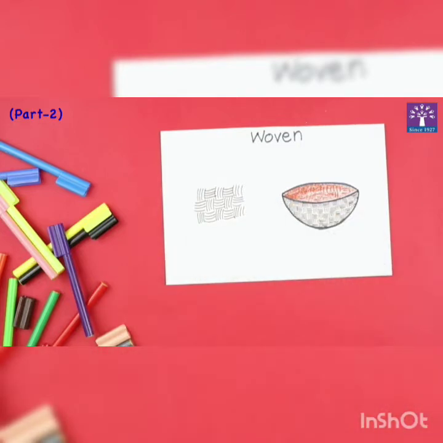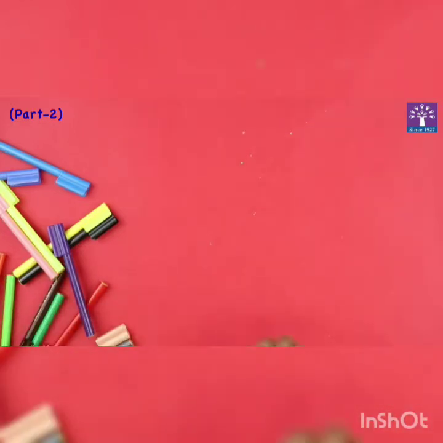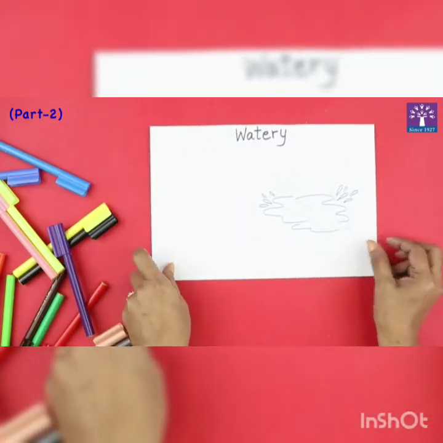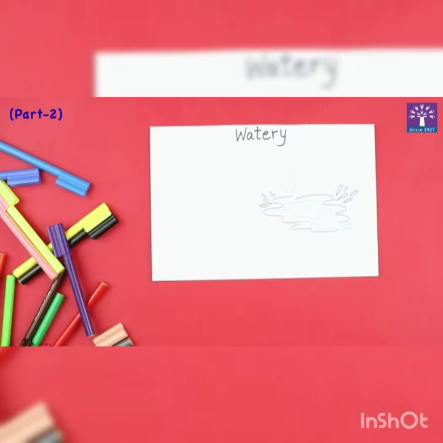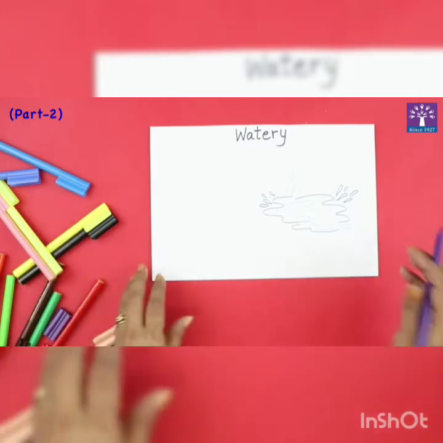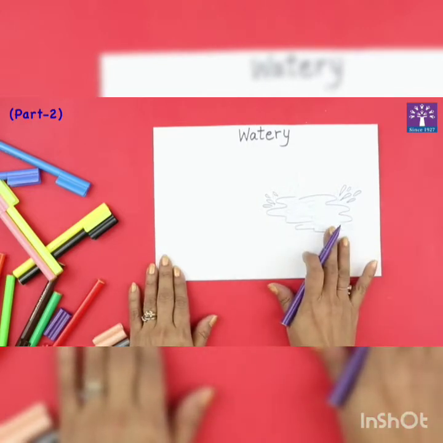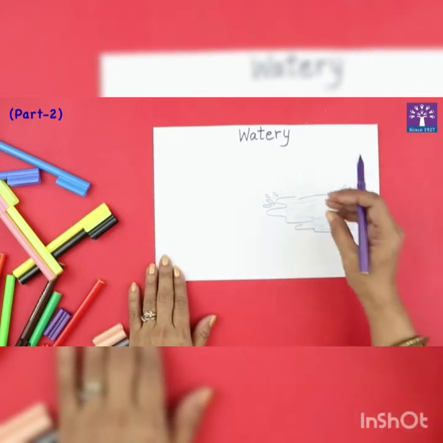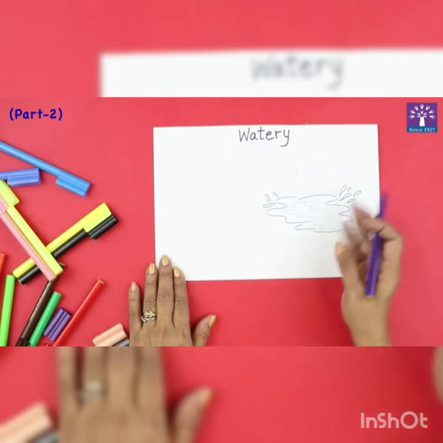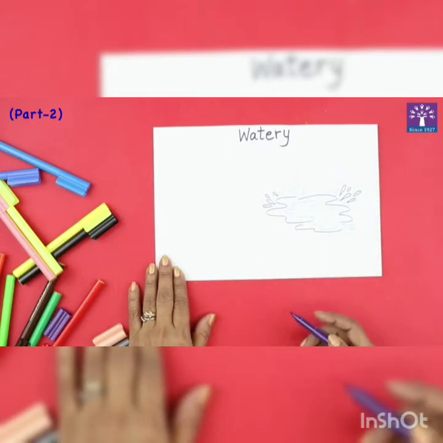Isn't it very simple? Our next effect is watery. Our texture here that we are showing, that we are seeing, is giving us an illusion of water. Water drops are falling and splash of water is coming out.